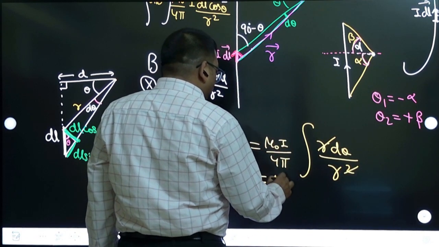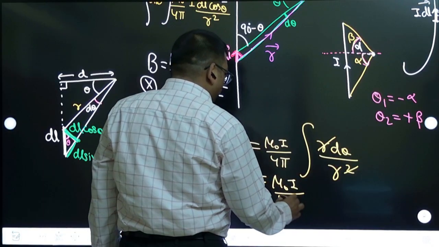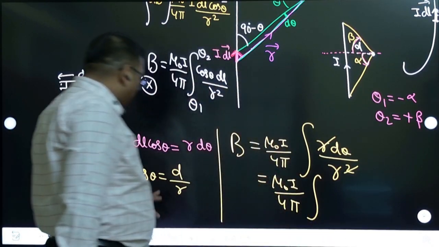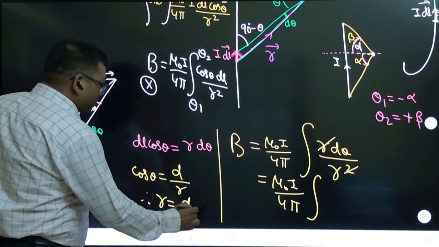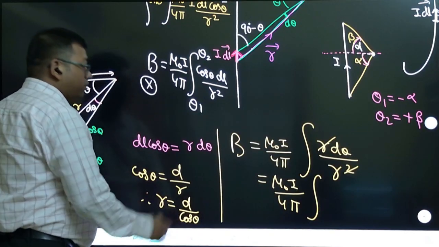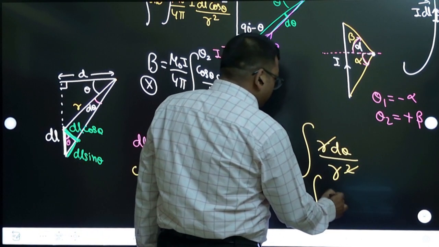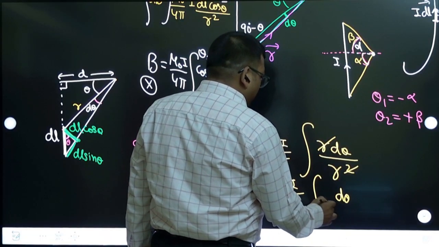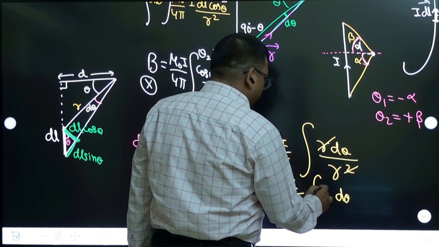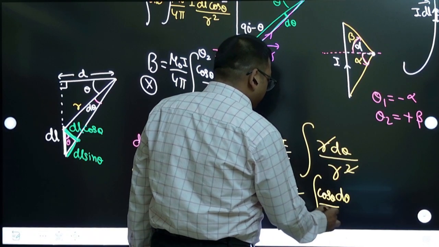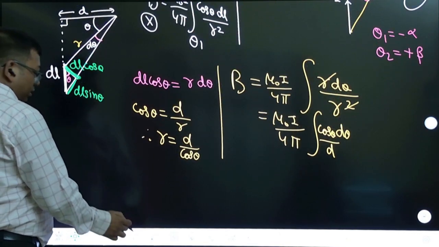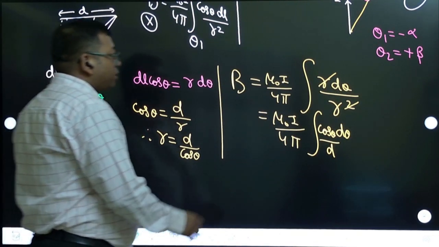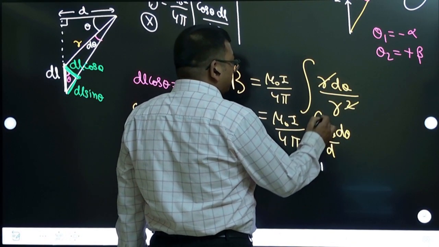So we got mu naught I by 4 pi integration. Now r we will substitute from here. From here r will become d by cos theta. So d theta, and 1 by r means cos theta divided by d will come. Now this integration is very easy. Cos theta integration, we know that. Theta 1 to theta 2 are the limits.